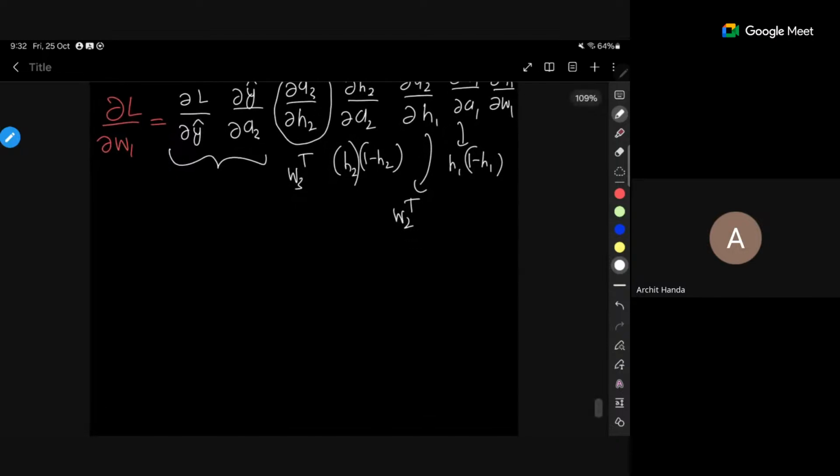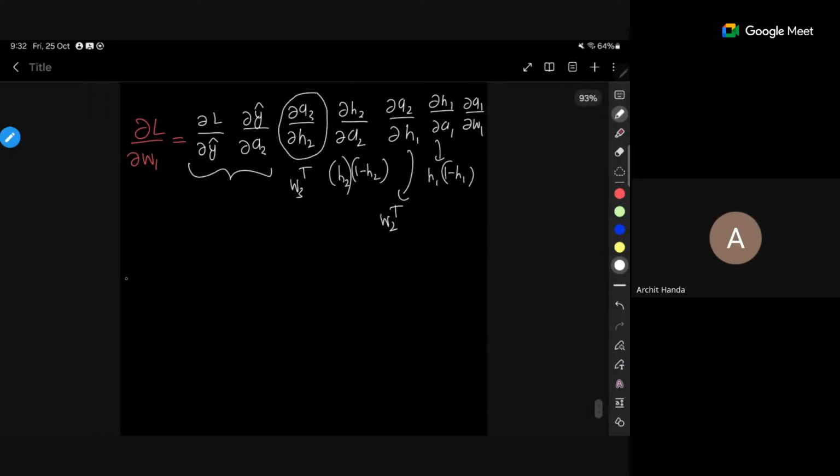If I write all of it together, I'll have y hat minus y, which multiplies with W3 transpose.